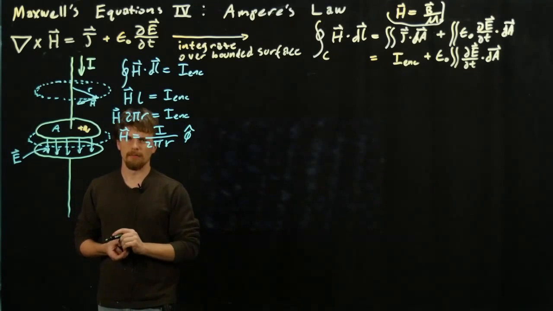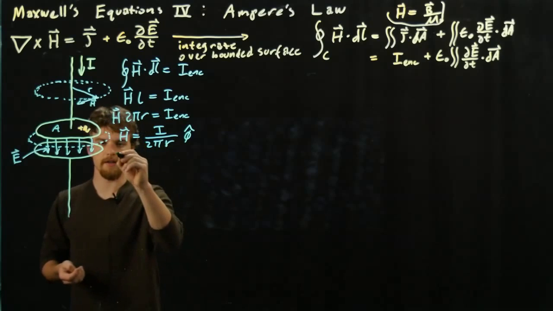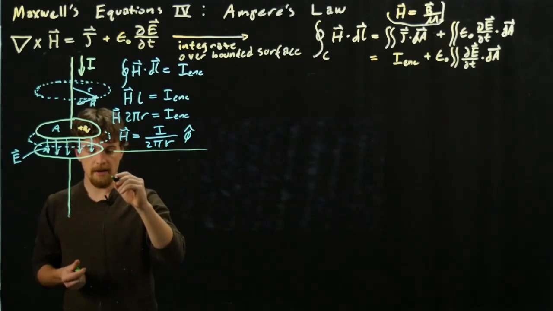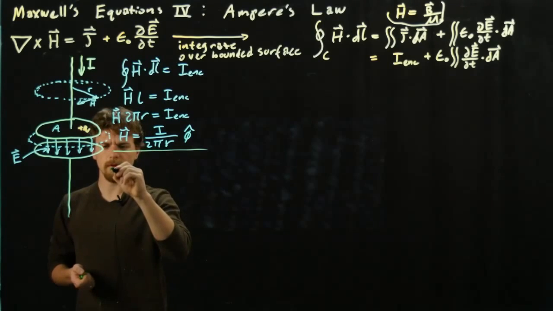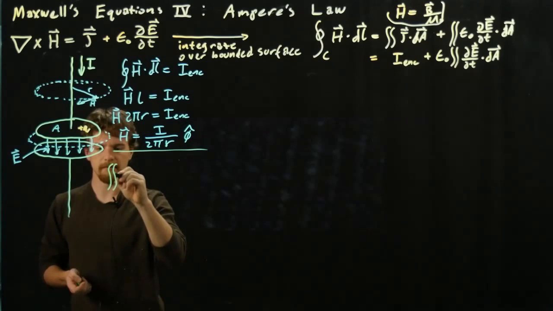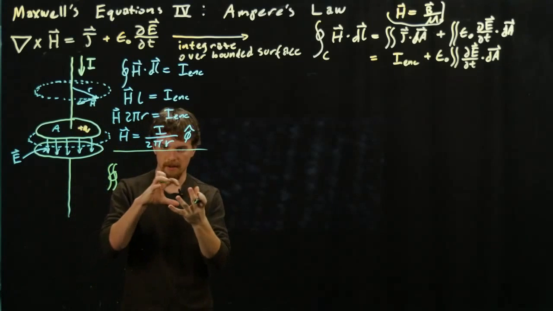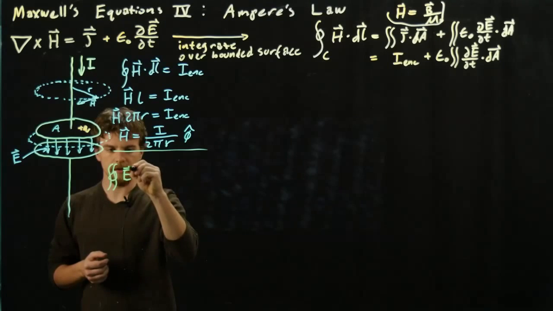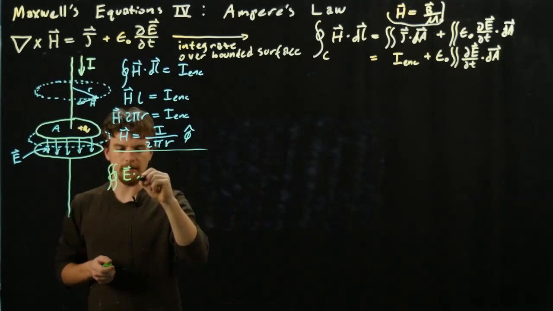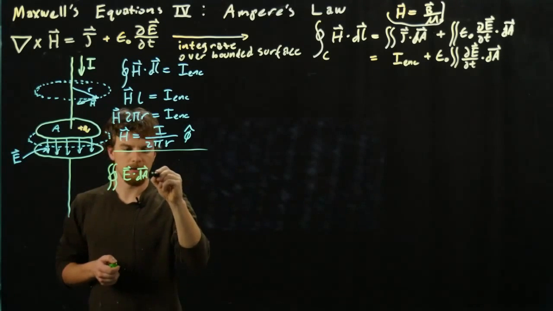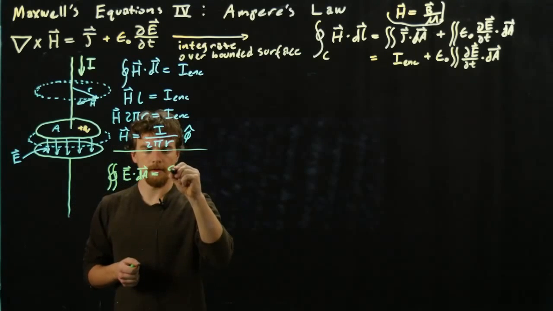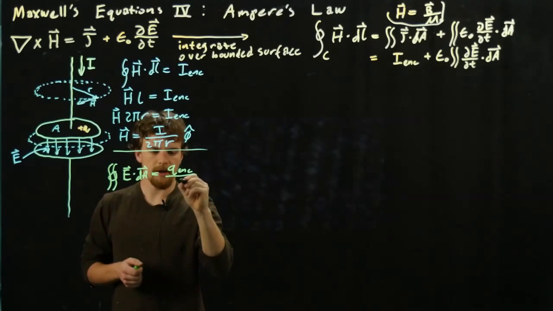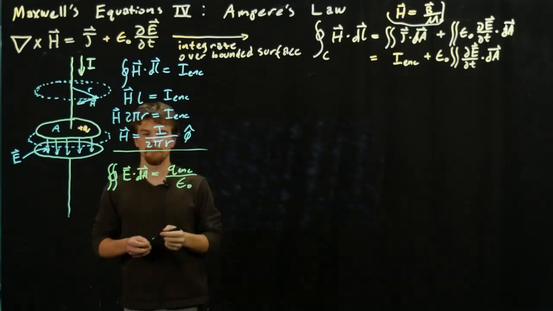Let's write the Gauss's law that we did in the first video. Over a closed surface, a surface enclosing some volume, the surface integral of the electric field dotted with our differential area is equal to the Q enclosed by that surface divided by this epsilon naught constant.